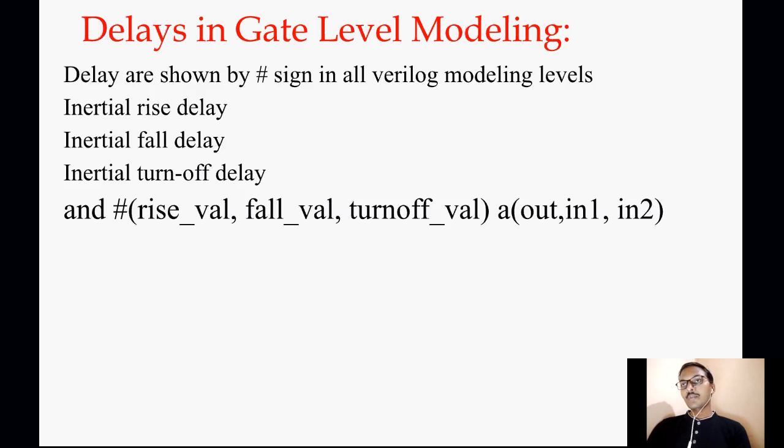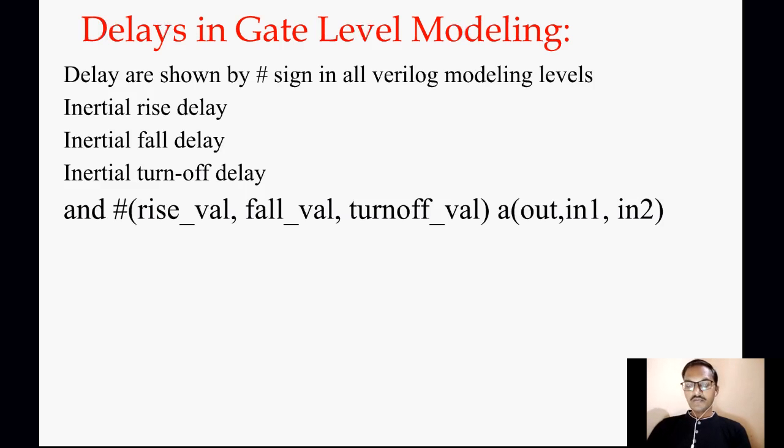Now let's see how to specify the delay in gate level modeling. Delays are shown by a hash in all Verilog modeling levels. If the hash is the first character, then it is a delay: the rise delay, the fall delay, then the turn off delay.